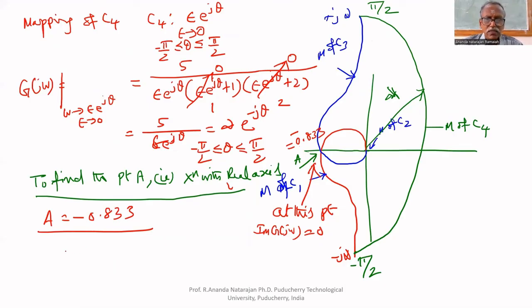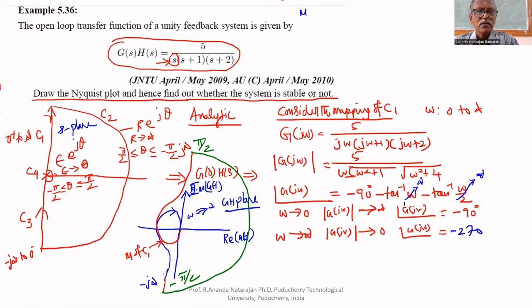Therefore, the Nyquist plot doesn't encircle minus 1. Minus 1 is here. It doesn't encircle minus 1. Therefore, n equal to 0. What is P? Consider this transfer function. Here n equal to 0, P equal to 0.